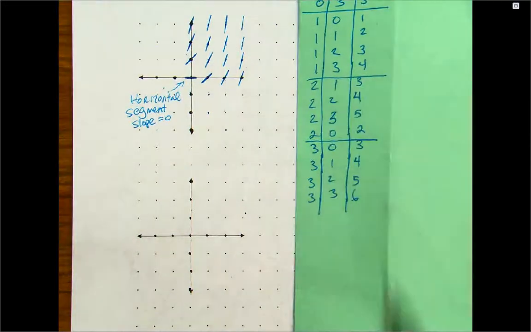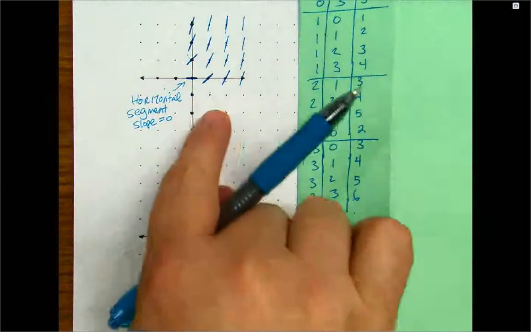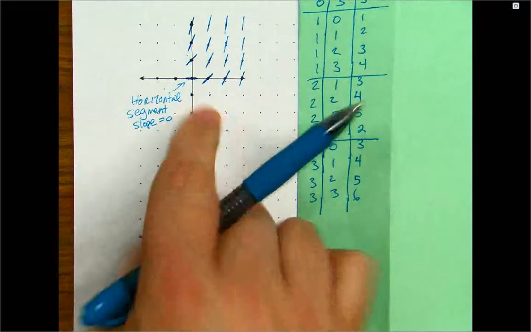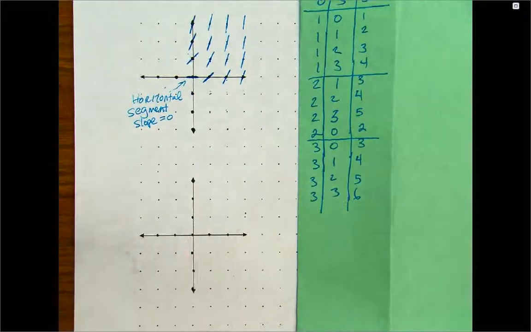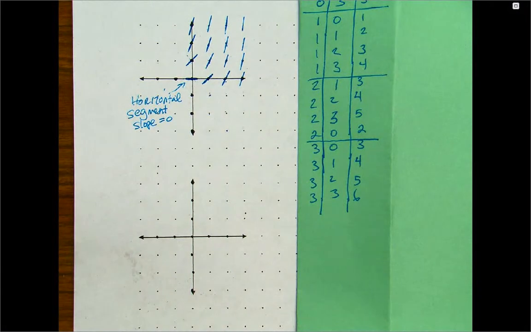If you had negative numbers, you'd get different values there. Now the neat thing about the slope field, once you get to this point, is that it creates kind of like alleyways.